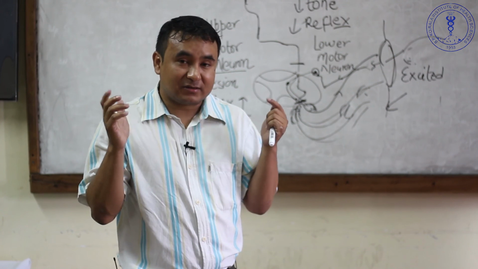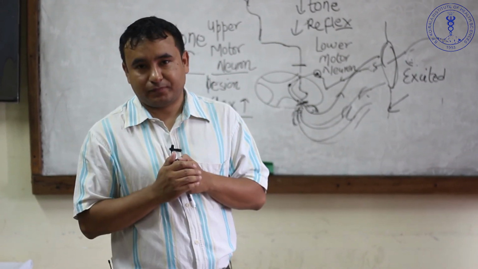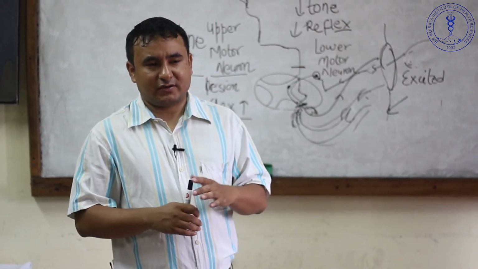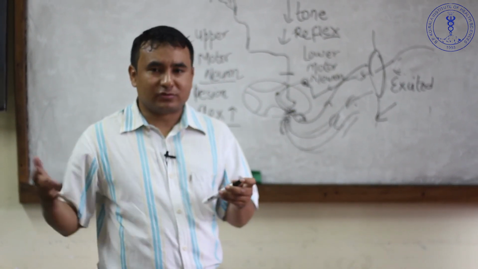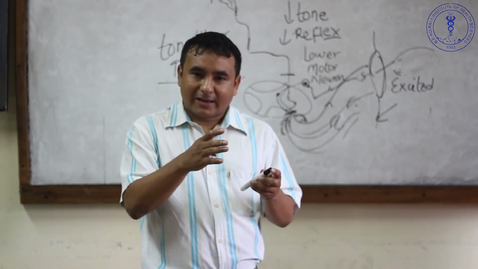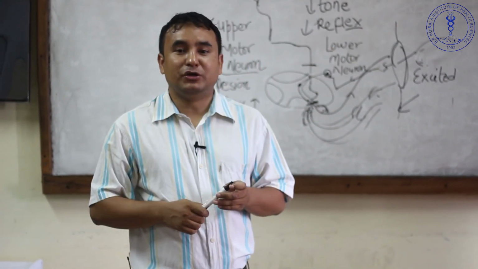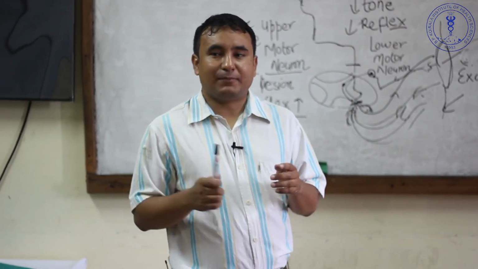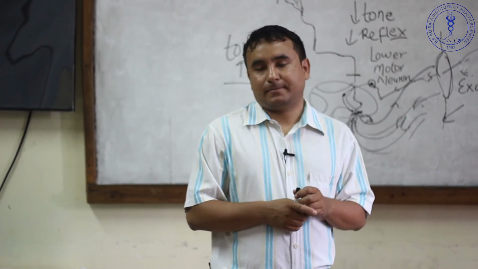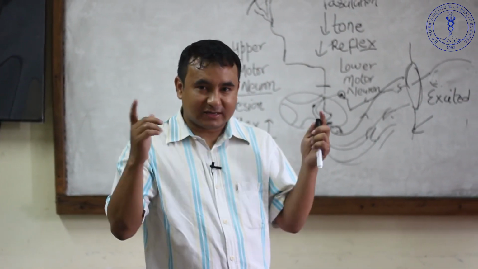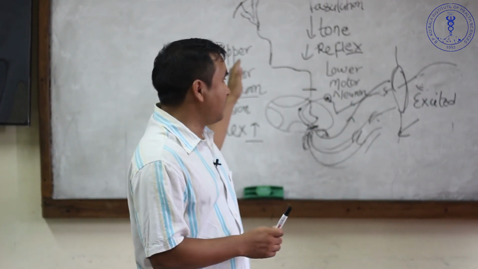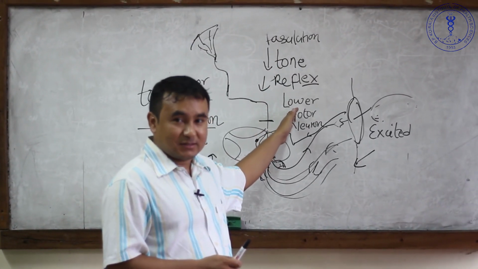So you people may be confused. In the acute state, that neuronal shock or spinal shock will get over by 1 to 3 weeks. So in the acute state, even in the upper motor neuron lesion, you may see hypoactive reflex, hypotonia and flaccidity, but do not get confused with the classical difference between the upper motor and lower motor neuron lesions.